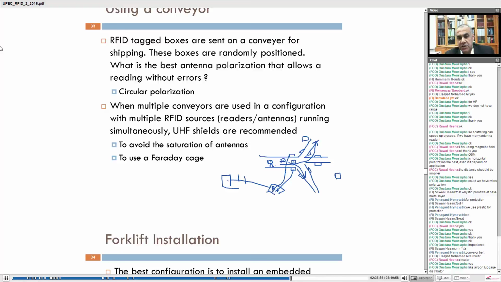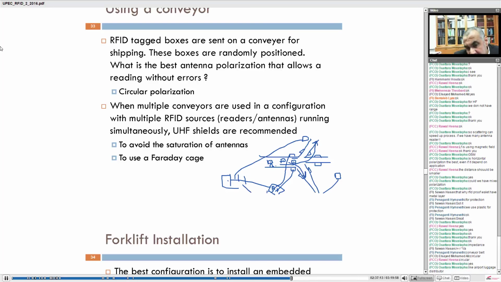So the reader reads the EPC, and then the application selects the path. But what is happening? You have multiple readers, multiple antennas, readers here, multiple antennas, all connected to the same computer to perform the application, maybe wired or wireless.